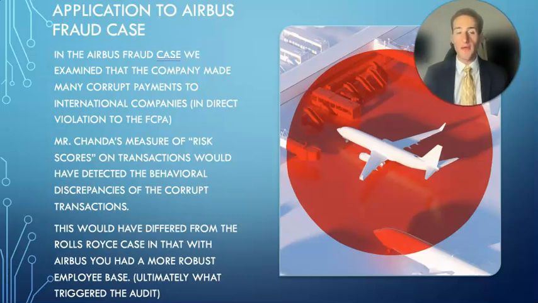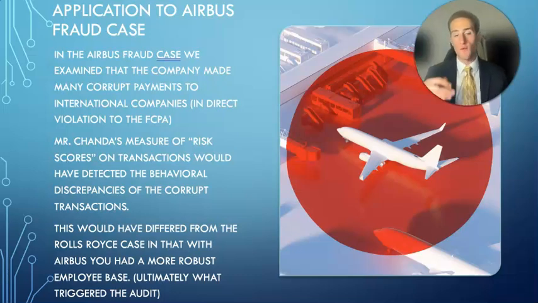So, as it relates to a different case, as I was examining and looking at all of my colleagues' cases again, I kept going back to the Airbus case, because here is a case where we have a direct violation of the Foreign Corrupt Practices Act. Again, we have executives paying massive amounts of money to foreign nationals for an unfair business advantage.